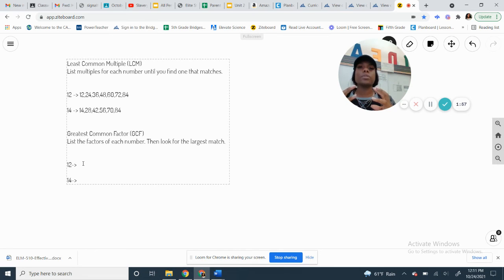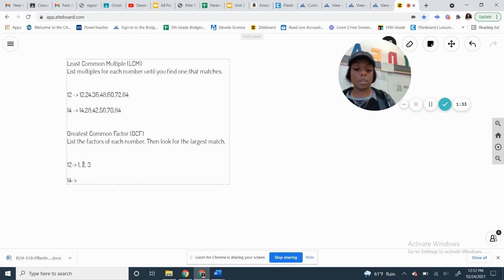What are the numbers we can use to multiply with each other to get 12? Obviously, we can use number 1. Okay, 1 times 12 is 12, right? Can we use 2? Yes, right? 2 times 6 is 12.